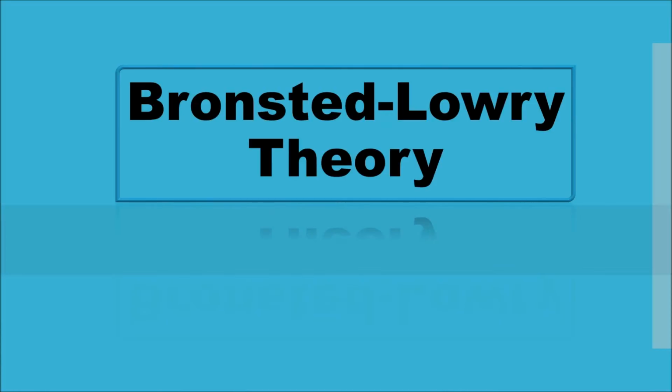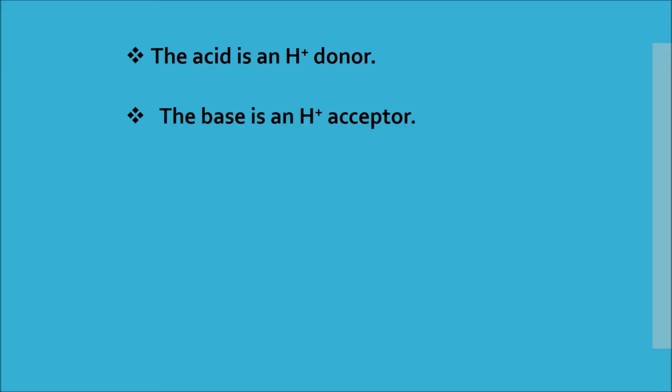Now, the Bronsted-Lowry theory did not take away from Arrhenius's definition of what an acid or a base is. It basically enhanced Arrhenius's definition. And their description is that an acid is a proton donor, whereas a base is a proton acceptor.